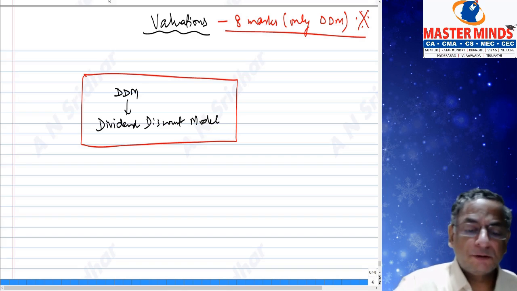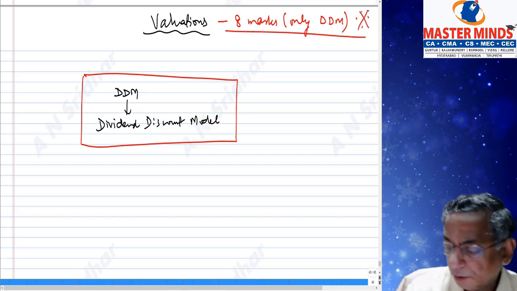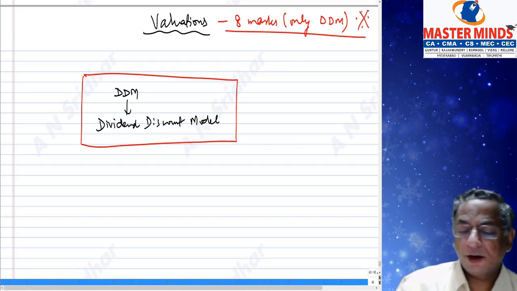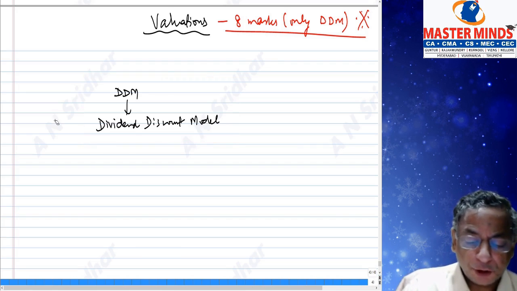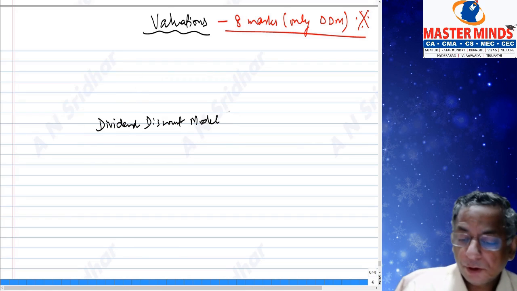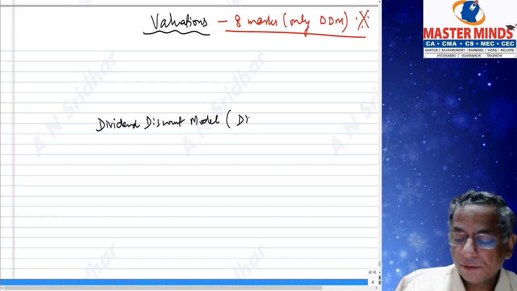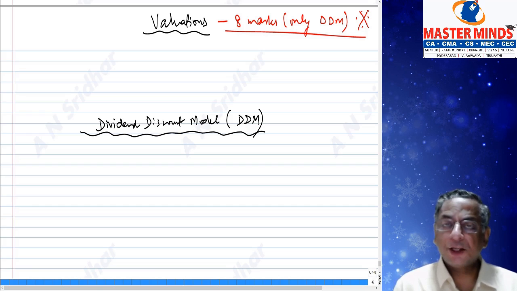So let me start with this. Let us take a simple example. Now I request you to copy the heading. I'll be pushing the page. Give the heading valuations, then give subheading dividend discount model, and write weightage 8 marks.